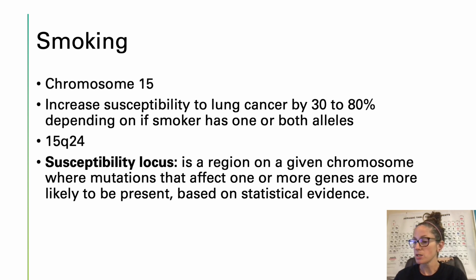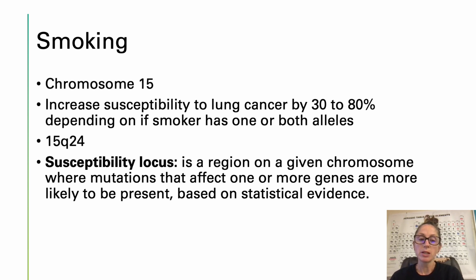Okay, your textbook likes to talk about the effects of smoking, as it very well should. And there's a specific locus on chromosome 15 that if you are a smoker and you develop a mutation at this point, the locus is 15q24, so that's the location of the gene, you end up with a 30 to 80% increased chance of developing lung cancer.